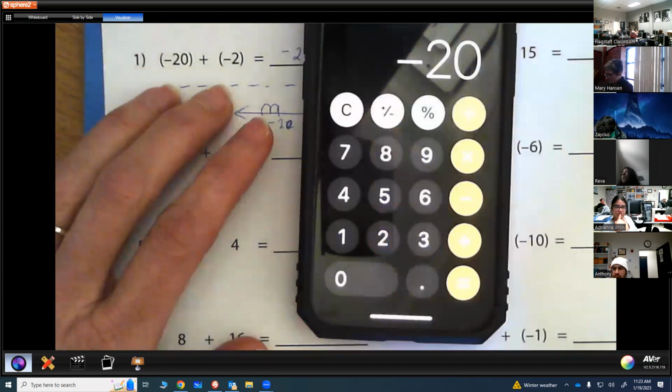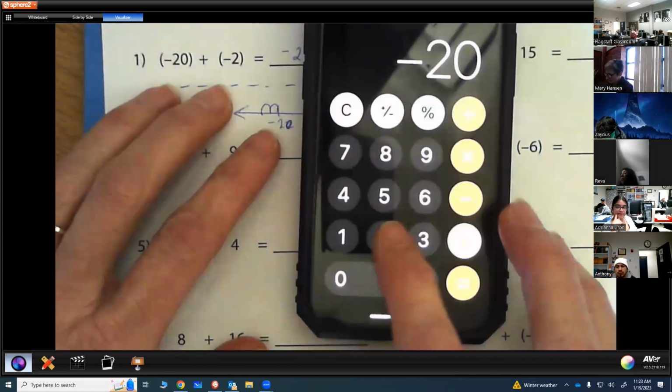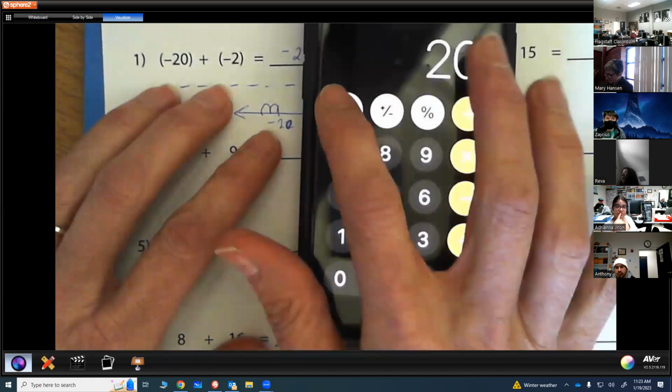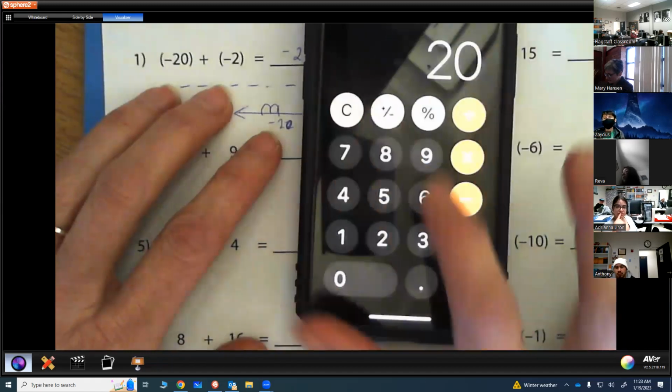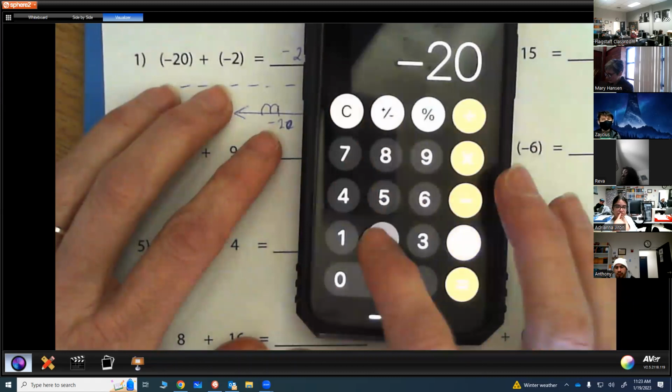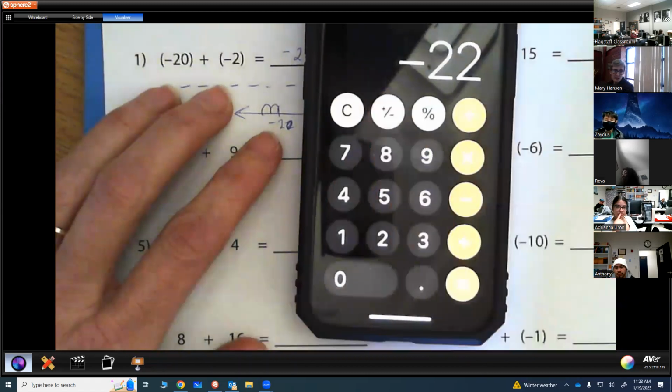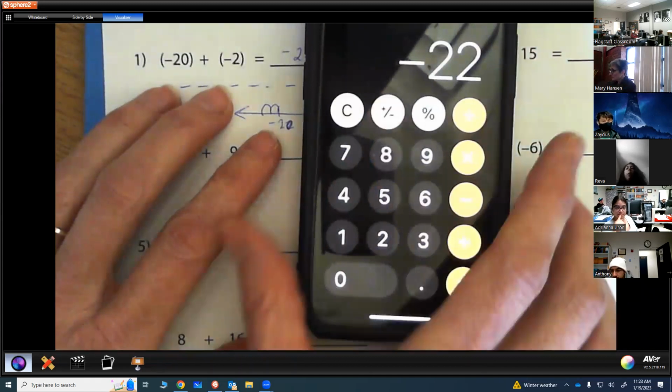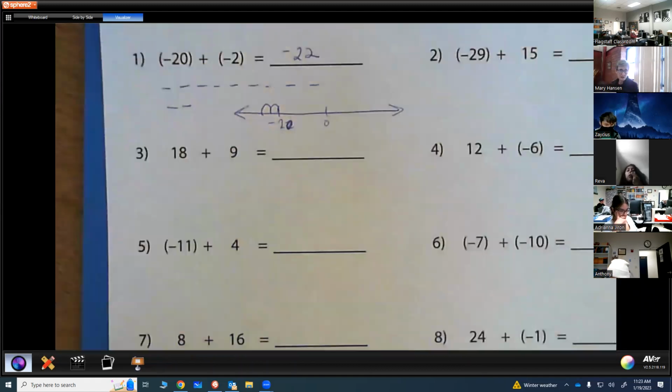So negative 20 plus 2 and make it negative, and it'll get me the answer negative 22. Okay. So you can use a phone, you can use a calculator. There will probably be a calculator on your computer or a tablet. So if you want to check things, you can.